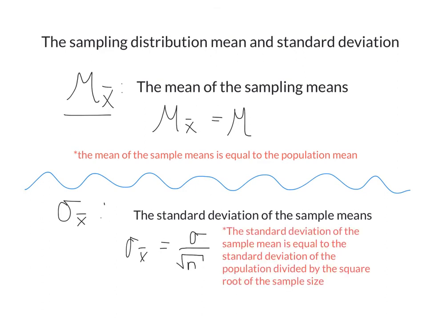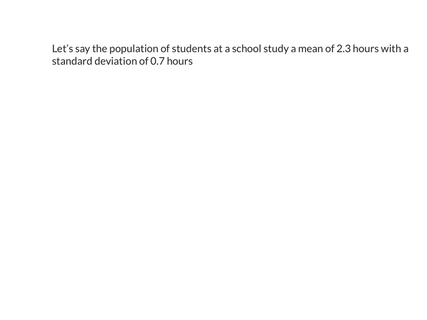All right, so from here, let's take a look at one example that will relate this information to what we were doing before. Let's say we take a population and we find that the mean number of hours that they study is 2.3 hours and the standard deviation we find is 0.7 hours.